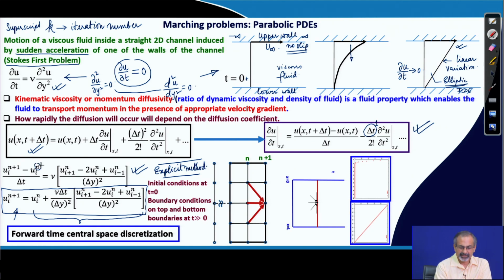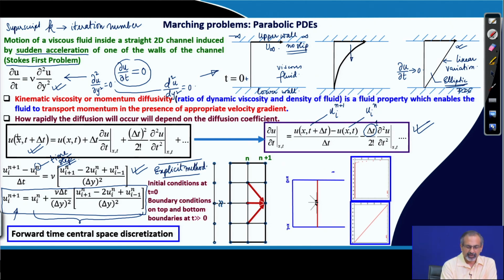Here the superscript n stands for the time step. So, in terms of indices, u at x, t plus delta t is given by u i n plus 1, and u at x, t is given by u i n. That is how we are trying to work it out.